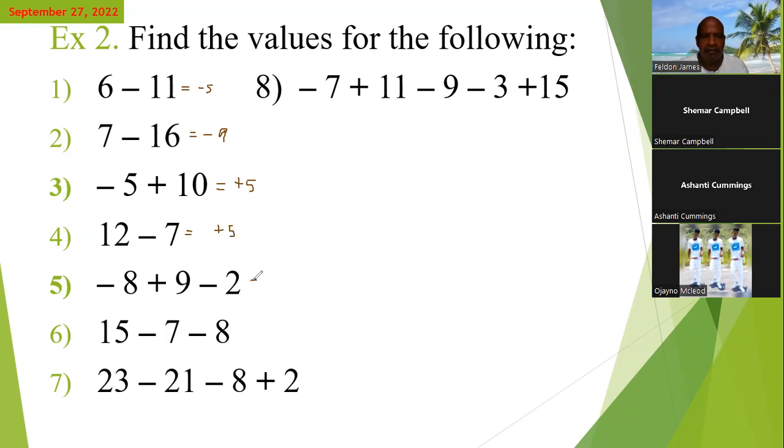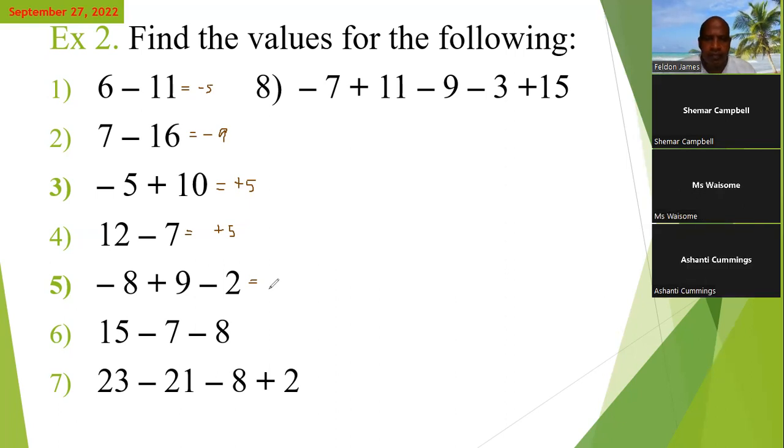Question 5, what is the answer? -1. Everybody see why it is -1?